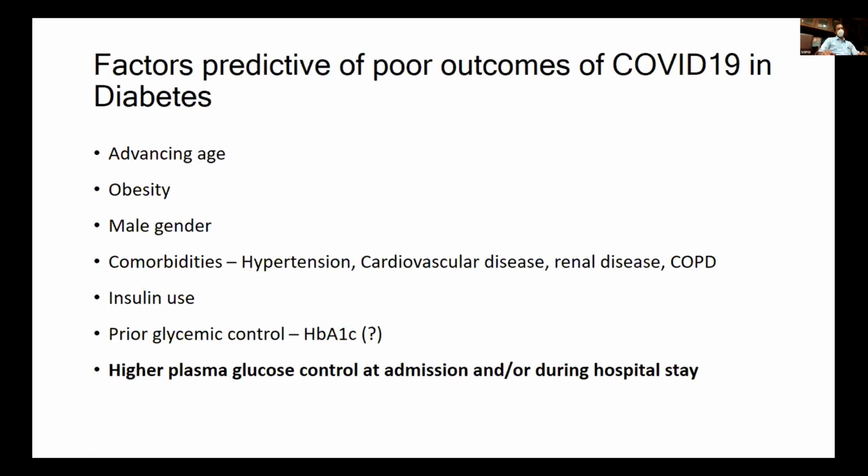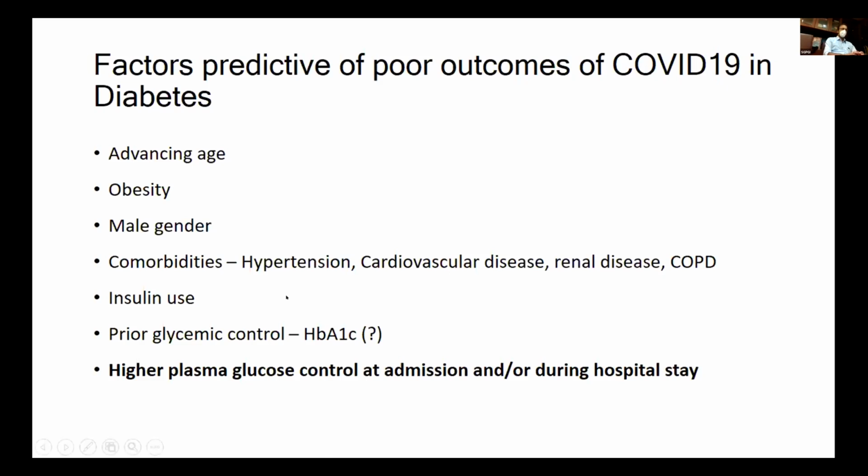So insulin use indicates that they have several complications, like microvascular complications such as neuropathy and nephropathy, or macrovascular complications like coronary artery disease and stroke. The higher the duration of diabetes, the higher the chance of insulin use, and the higher the complications. That is the reason they have a poorer outcome.